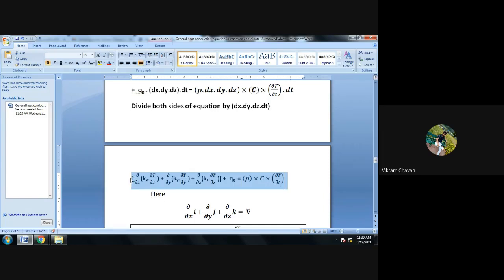Have you written this equation? After dividing both sides by dx dy dz multiplied by dt, we get this equation.